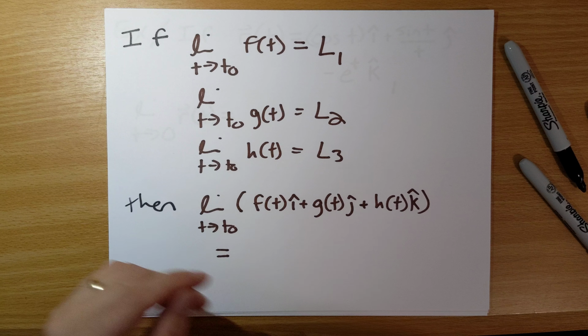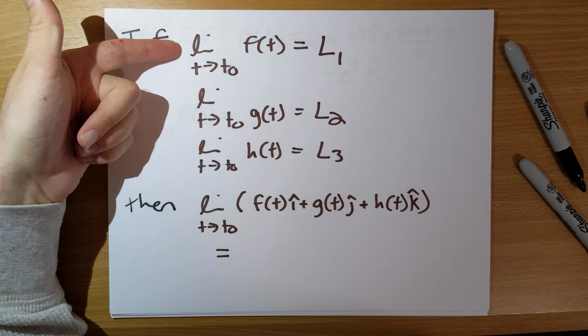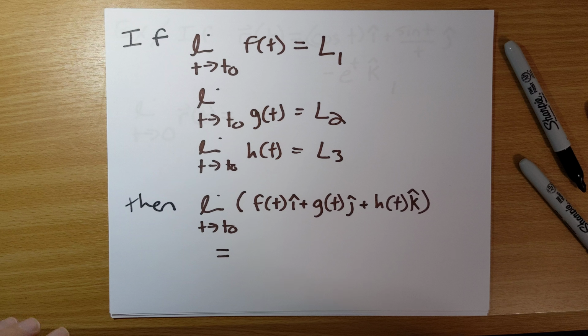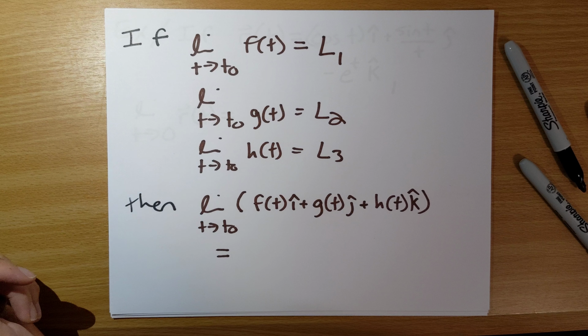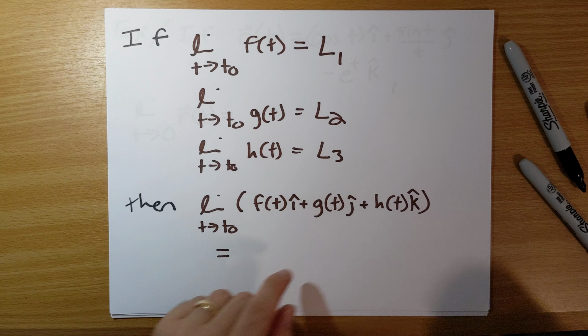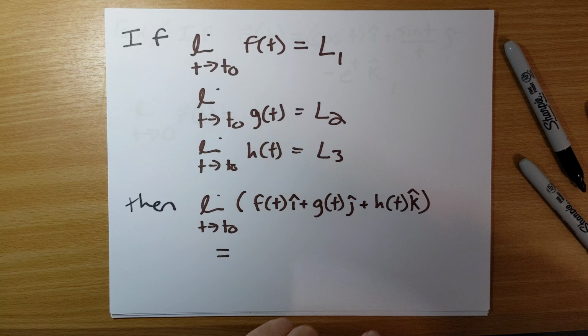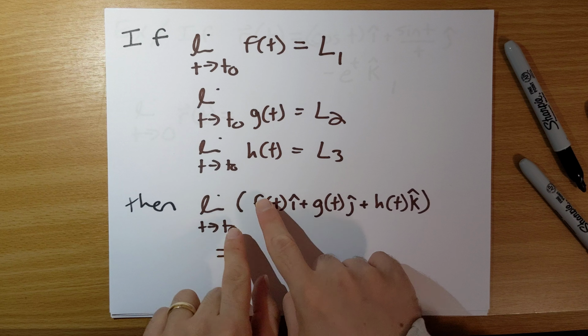So suppose that the limit as t goes to t naught of f of t is equal to some constant L1. The limit as t goes to t naught of g of t is some constant L2. The limit as t goes to t naught of h of t is some constant L3. Then the limit as t goes to t naught of f of t i hat plus g of t j hat plus h of t k hat is exactly what you'd expect.